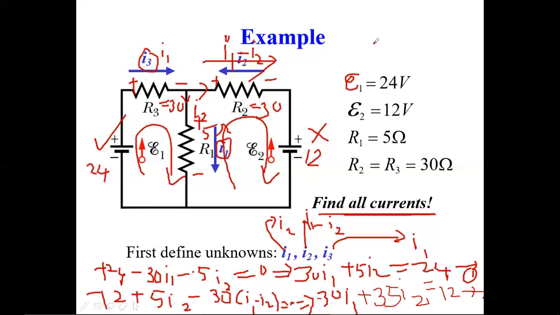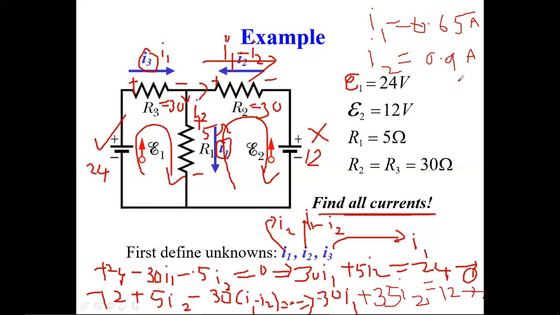Let me write this here. I1 is equal to 0.65 and I2 will be how much? 0.9 amps.